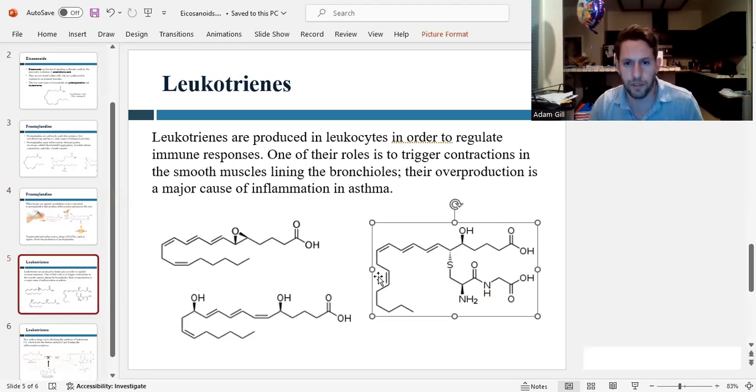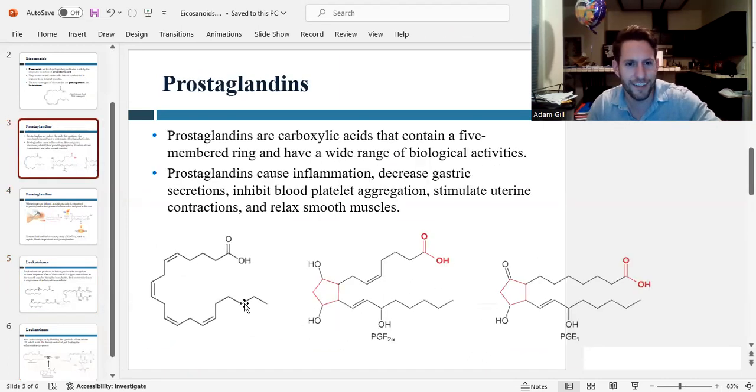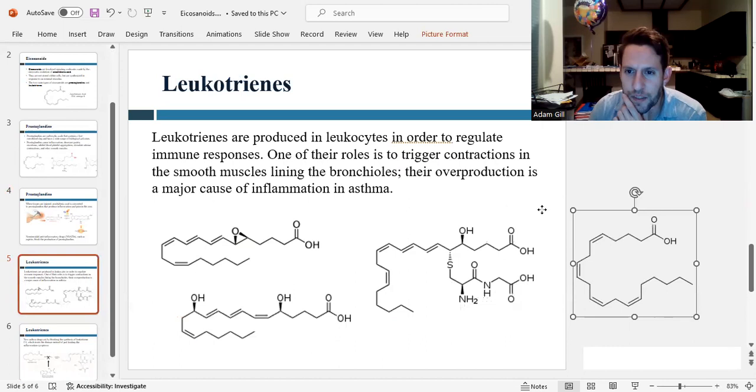And you can once again see how arachidonic acid is similar in structure, right? The 20 carbon chain with the fatty acid, 20 carbon chain with the fatty acid.